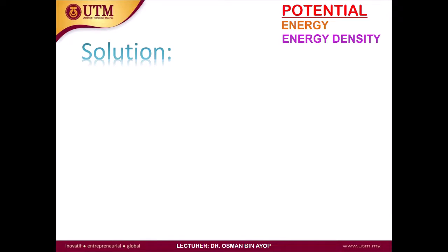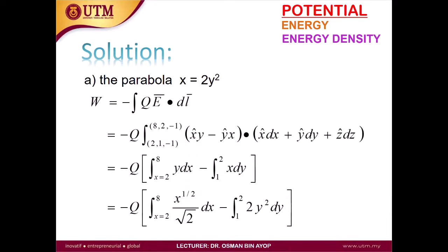So as a solution, let's say we have the parabola x equal to 2y squared. The total energy W equal to minus Q E dot dl.